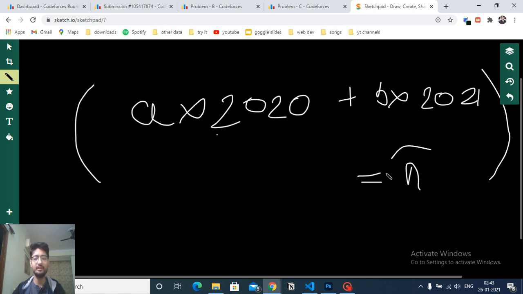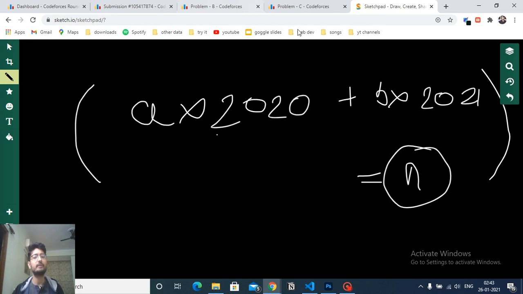A and b should be greater than or equal to 0 only. They cannot be negative. And yeah, that's the whole problem.